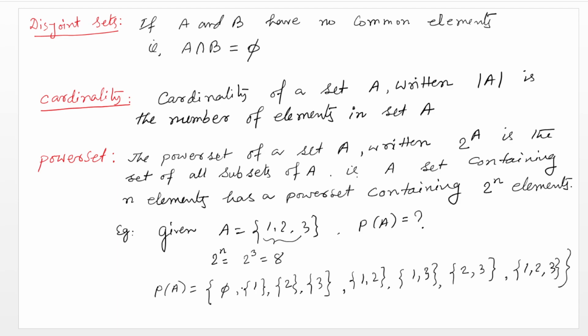So how many elements are in the power set? 1, 2, 3, 4, 5, 6, 7, 8. So the set of all subsets of A is basically the power set.